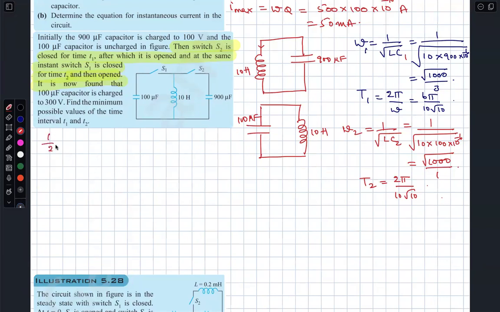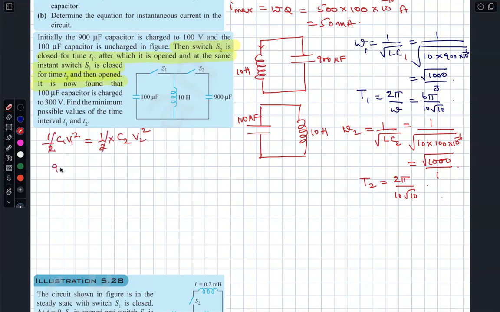The maximum energy stored is half C1 V1 square, suppose the entire energy stored in the 900 microfarad capacitor is transferred to this one. It's a rough calculation. Cancel.